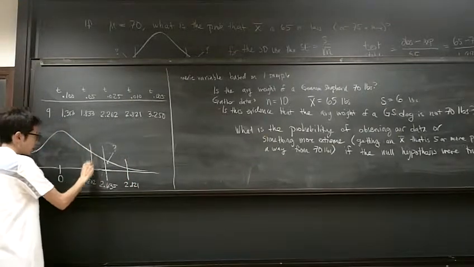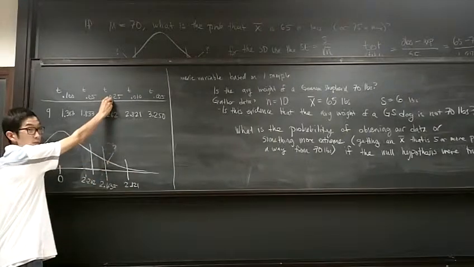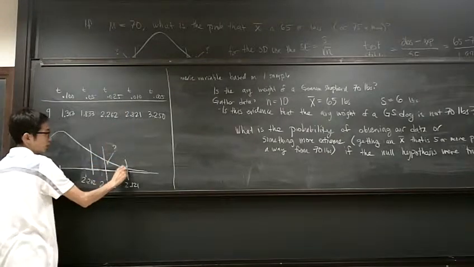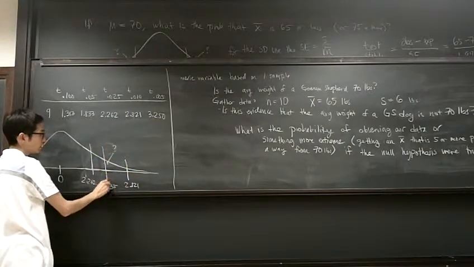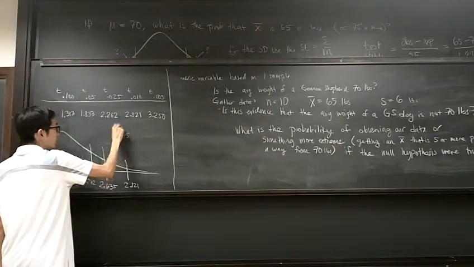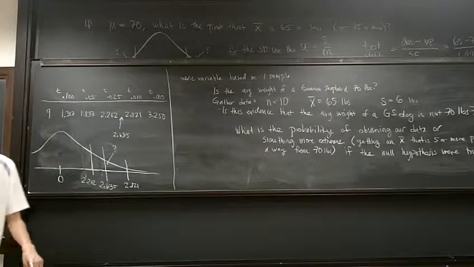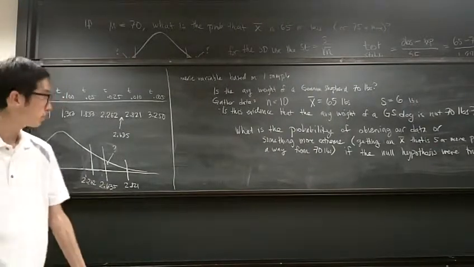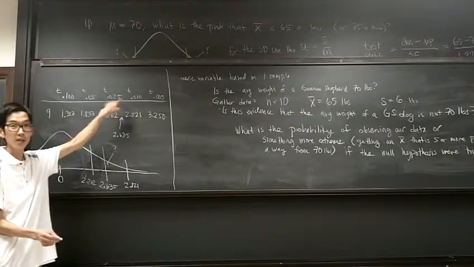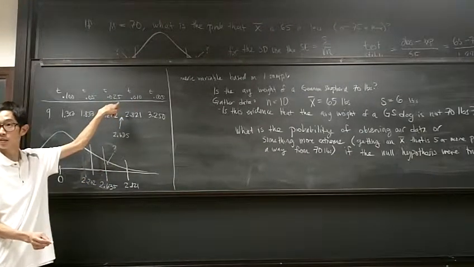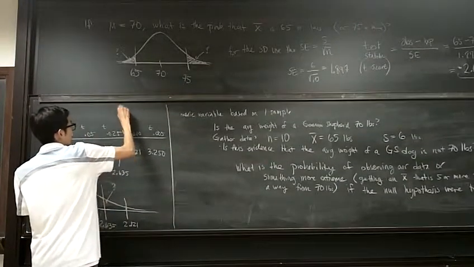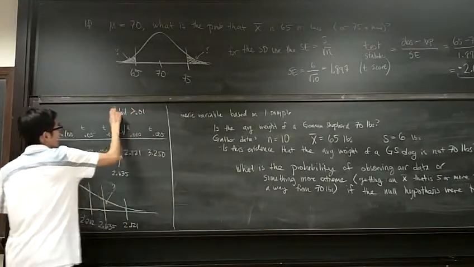So 2.635 fits in between here and here. I don't know exactly how much, but I do know it's going to be more than 1%, but less than 2.5%. So my tail area is more than 1%, but less than 2.5%.